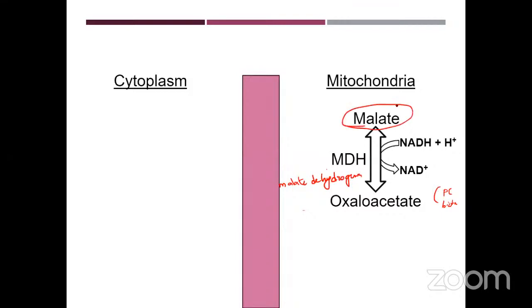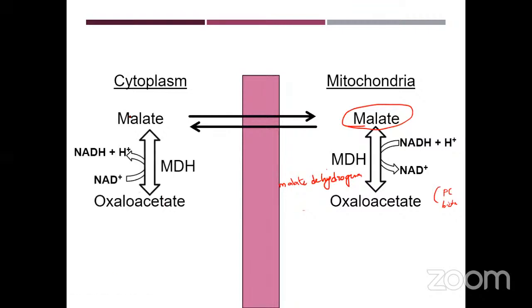The advantage of malate is that it can cross the mitochondrial membrane to reach the cytoplasm. This is interconvertible, malate to oxaloacetate, but it needs one NAD. The reversal occurs in the cytoplasm, so there we get the oxaloacetate, the substrate we need for the further reactions of gluconeogenesis.